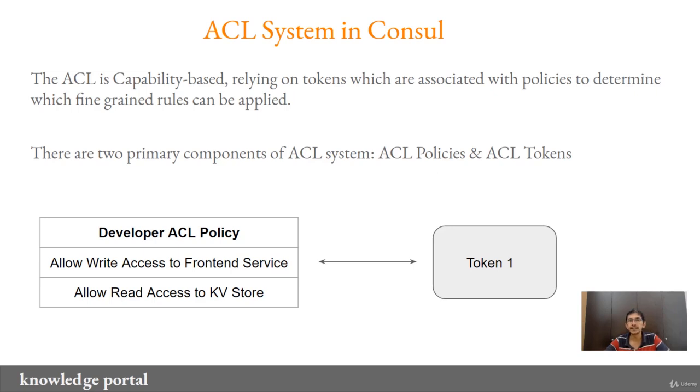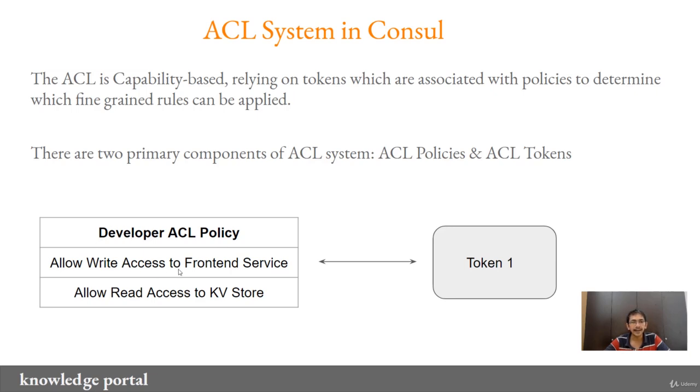So if you have worked with HashiCorp Vault, this system is very similar to that. Let's quickly understand that. What happens is you have a token, and this token in turn is associated with a specific policy. In here the policy is developer ACL policy, and the developer ACL policy in turn is associated with certain rules.